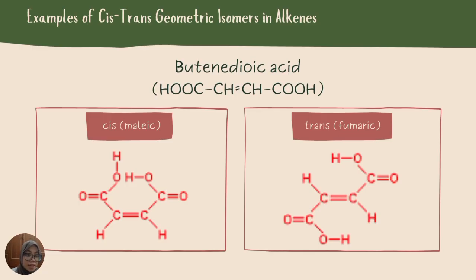The first is cis, or maleic acid, the cis isomer with both carboxylic acid groups on the same side of the double bond. Because the acidic groups are close, maleic acid can form internal hydrogen bonds which affect its reactivity. Meanwhile, trans, or fumaric acid, is the trans isomer with the carboxylic acid groups on opposite sides, making it more stable and less reactive in certain conditions.